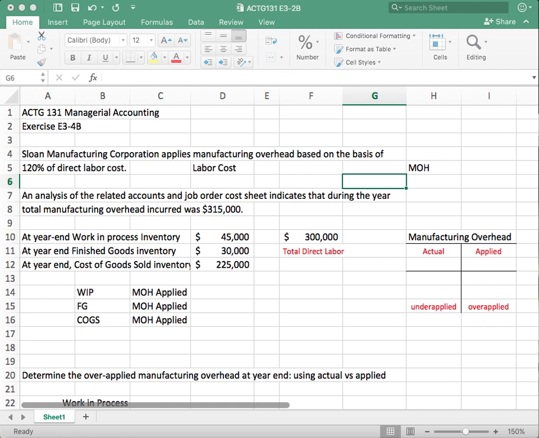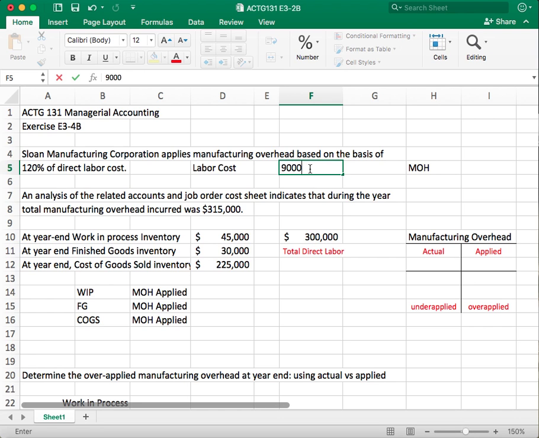So I took the problem and broke it down, the pieces, into different sentences. The first part: Sloan Manufacturing applies overhead based on 120% of direct labor cost. What does this mean exactly? Well, for example, this is hypothetical.